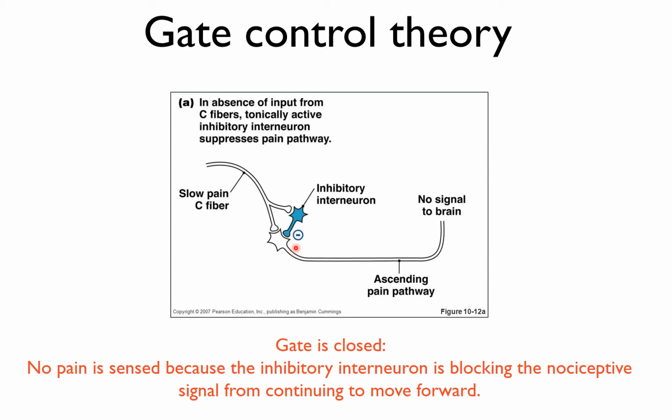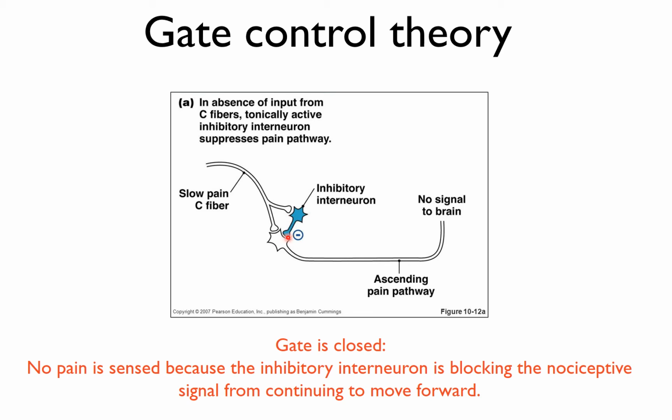So in this case, you have an inhibitory interneuron that is essentially tonically active. That means it's just spontaneously active all the time, and it's inhibitory because it releases an inhibitory neurotransmitter, glycine in this instance.